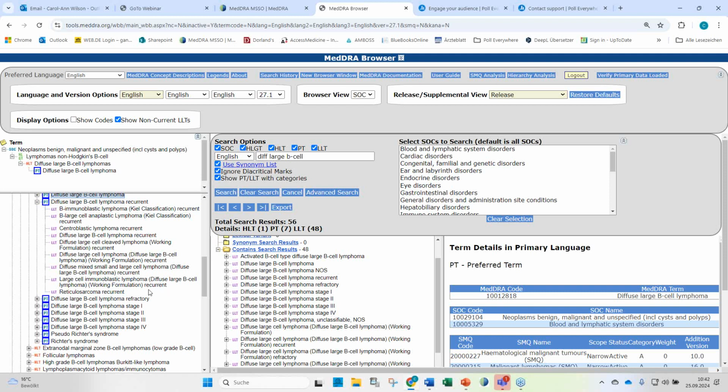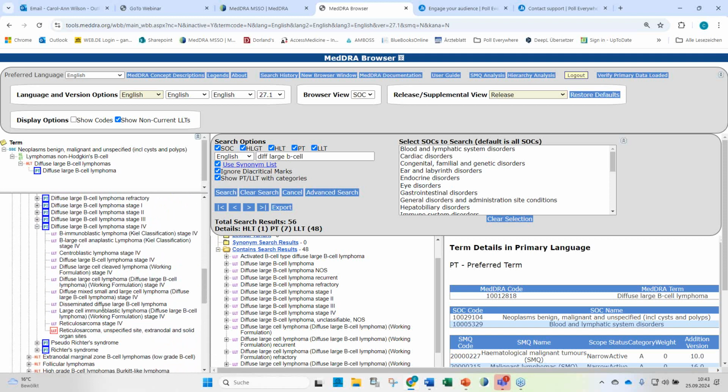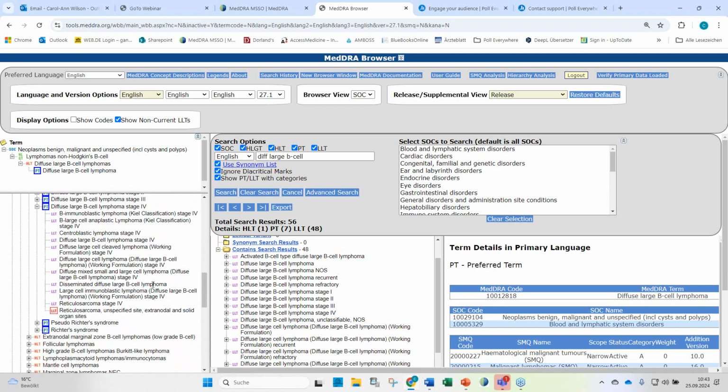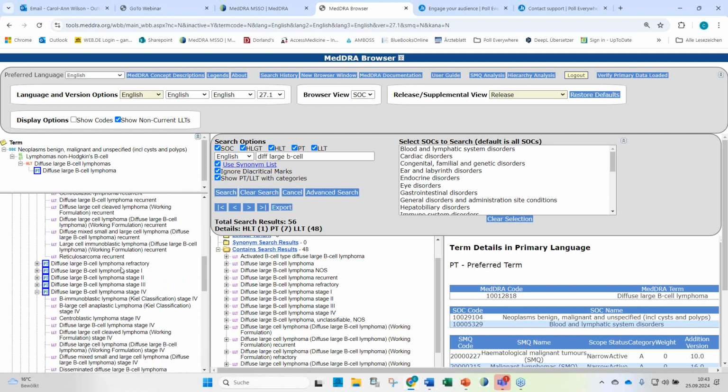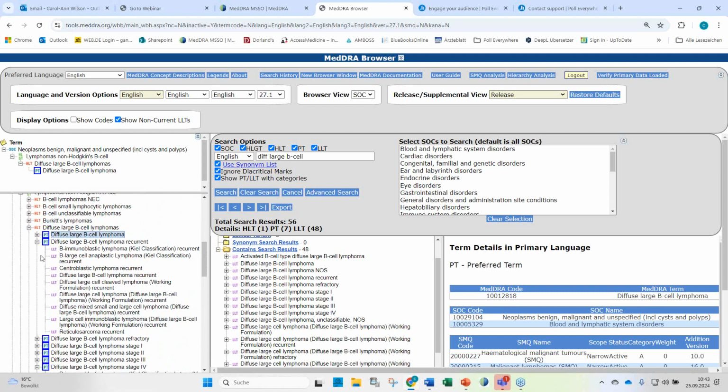There is no term in there that would relate to CNS lymphomas, though. Refractory, stage 1, 2, 3, 4. We saw the stage 4 classification. Yeah, it does not contain any information on CNS involvement. And that's it. So what we can say is that diffuse large B-cell lymphoma recurrent would be the best option to represent at least part of what has been reported in our case.